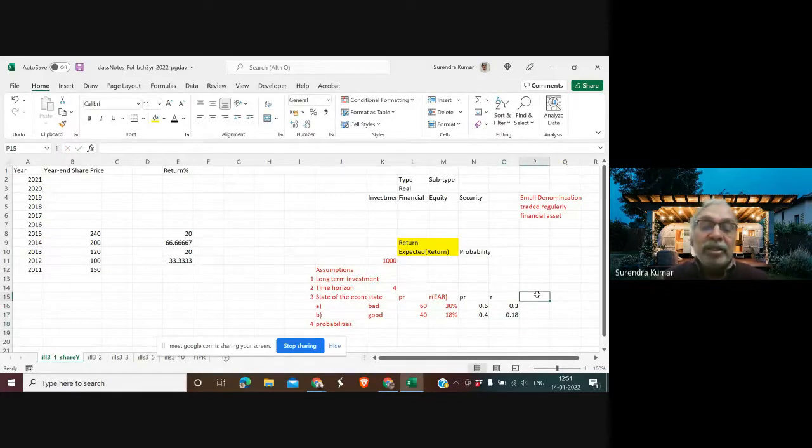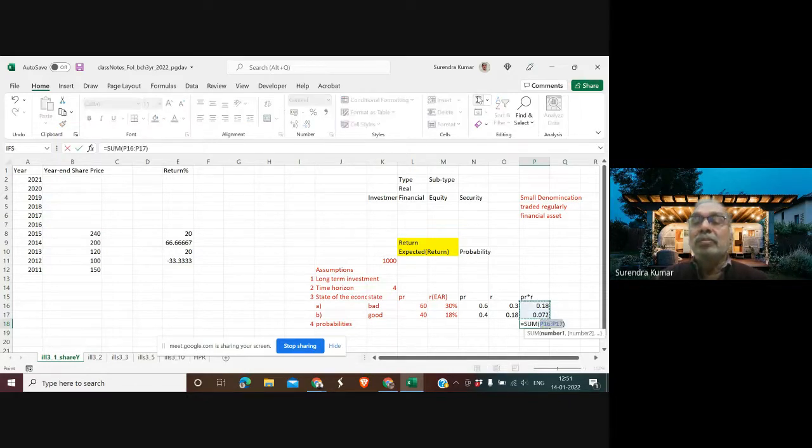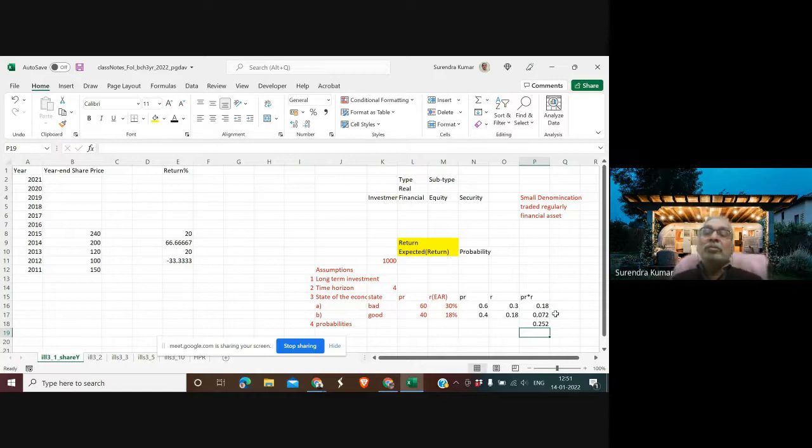And we multiply PR with R. So we get, okay, so I get my expected EAR, expected effective annual return, as 25.2%.